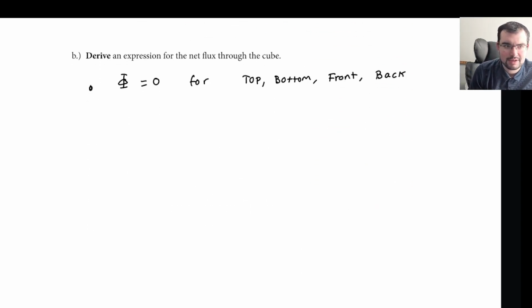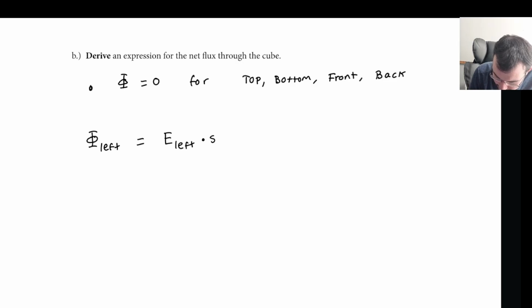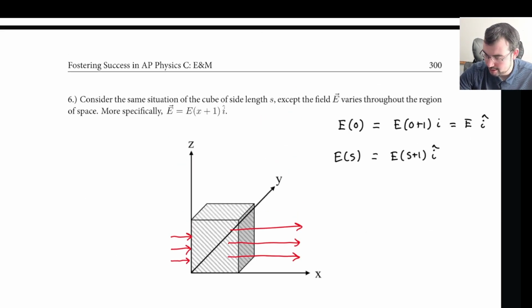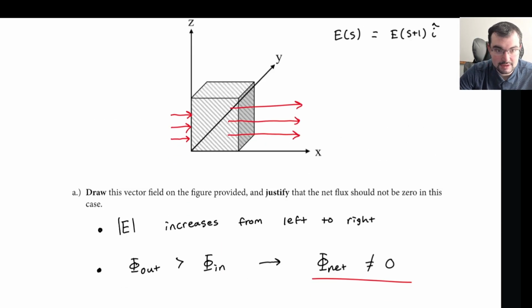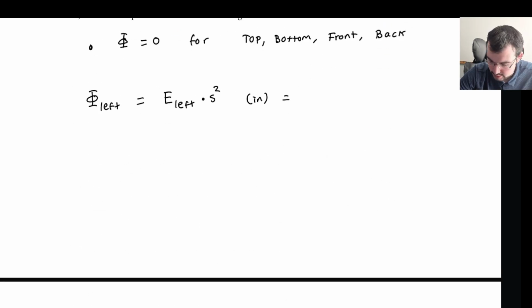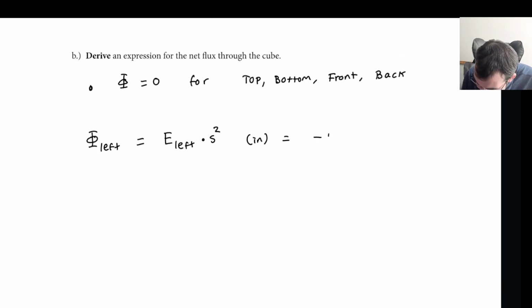So what that means is that we can now just go ahead and deal with the left and right face. So phi for the left face is going to be E on the left face times s squared, and that is once again a sink. And going back up here, we said E at this left face is just called E. So we get negative E s squared once again.